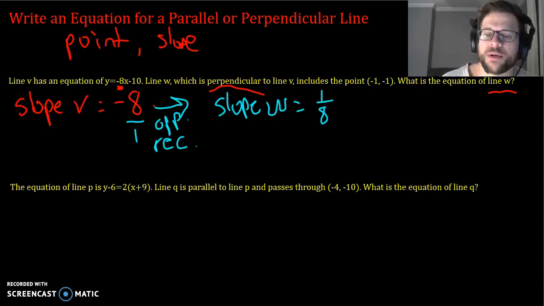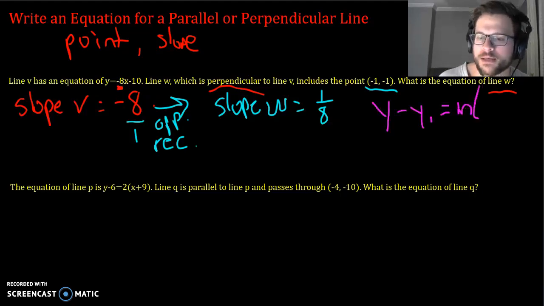Now we also know that it includes the point negative 1, negative 1. We can use point-slope form and just write this given information right in here. We don't have to change to slope-intercept, and we don't have to use standard form. If you remember your basic form of point-slope, it was y minus y1 equals m times x minus x1. So we're going to use this as our m, this as our x1, and this as our y1.